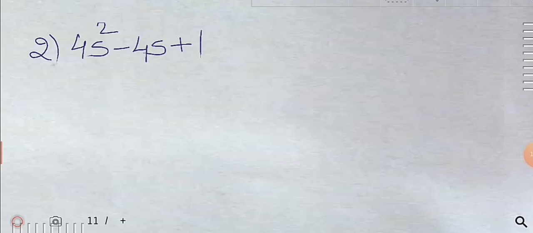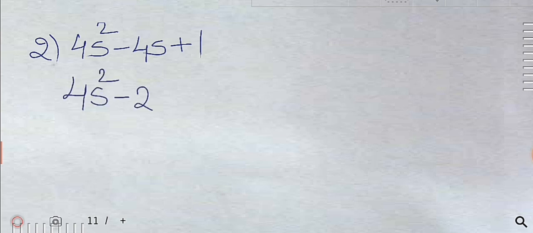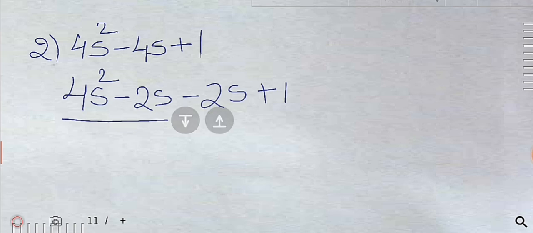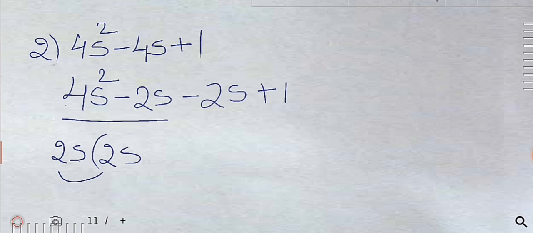4s square minus 2s minus 2s plus 1. Then grouping them, from these two we'll get 2s as common. 2 2s are 4, s into s is s square. So 4s square can be written as 2s into 2s.